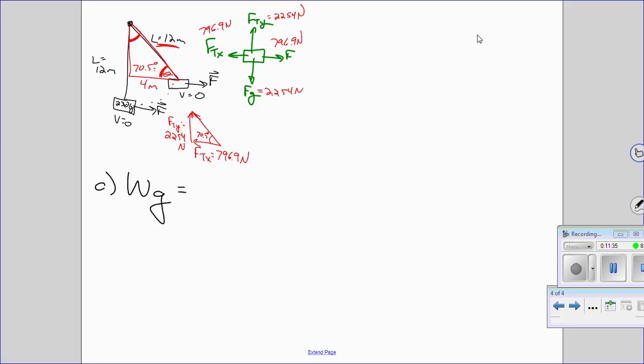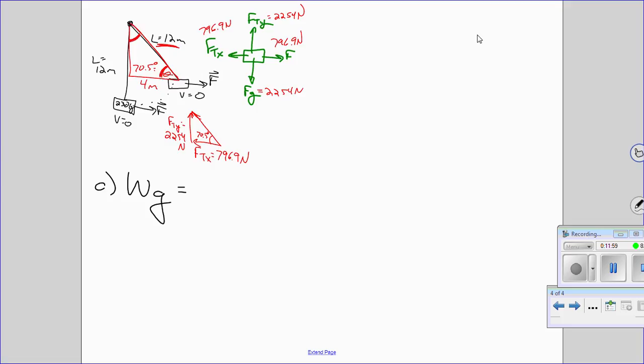So work done by gravity, you guys, is just your force of gravity times your vertical displacement, right? So I can use this little triangle here to find my vertical displacement, can't I? Is it always just vertical displacement? Yes, because gravity points down, and we're interested in the component of displacement which is parallel to that, or anti-parallel in this case.